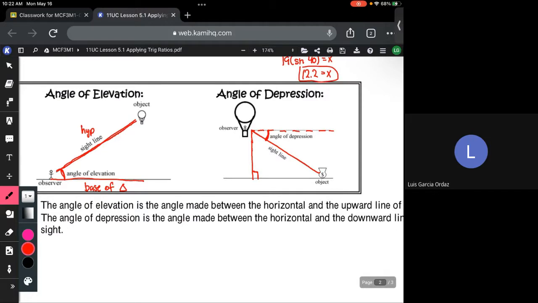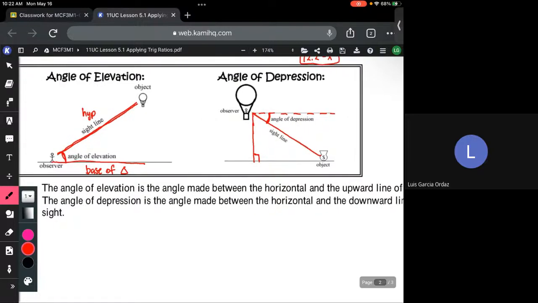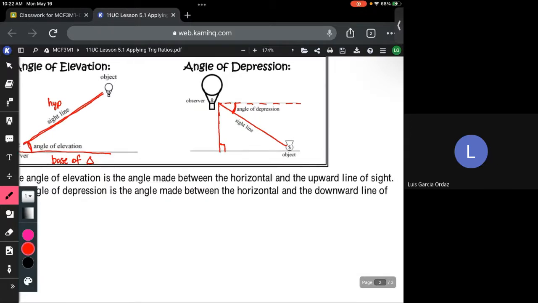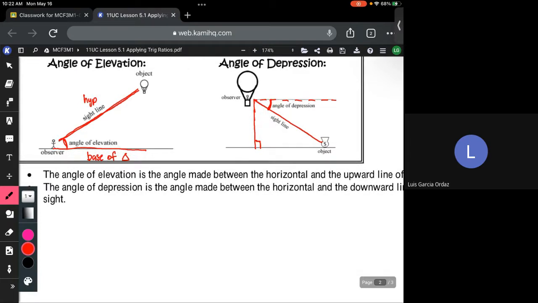So the angle of elevation is the angle made between the horizontal or the base of the triangle and the hypotenuse. The angle of depression is the angle made between the horizontal, when you're looking straight horizontally, and the hypotenuse of the triangle.